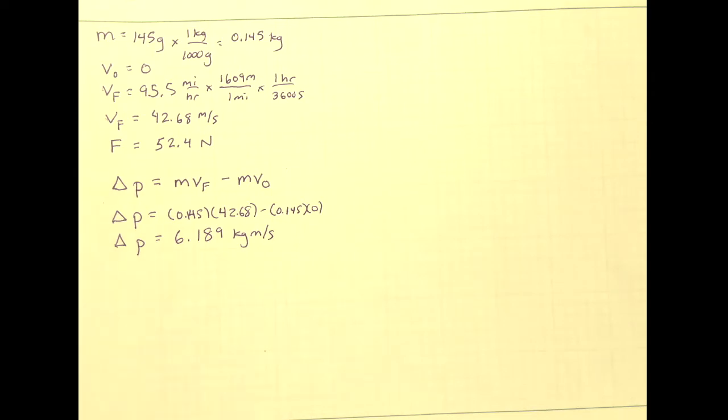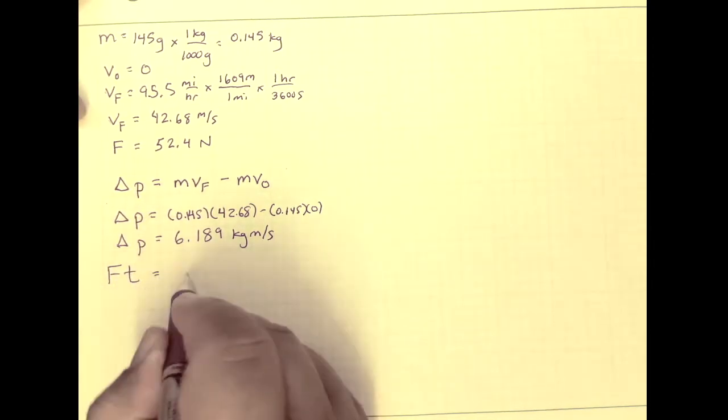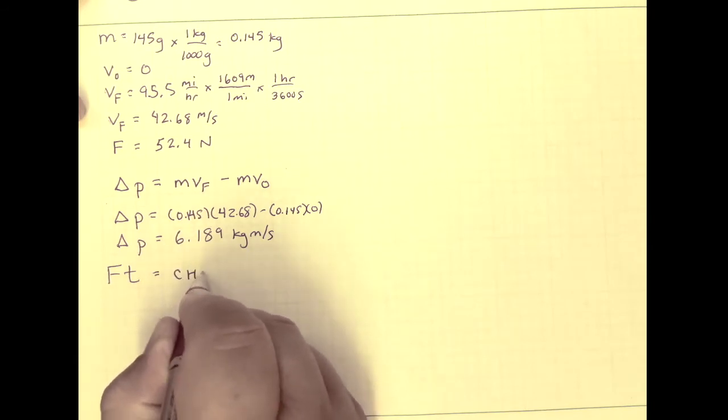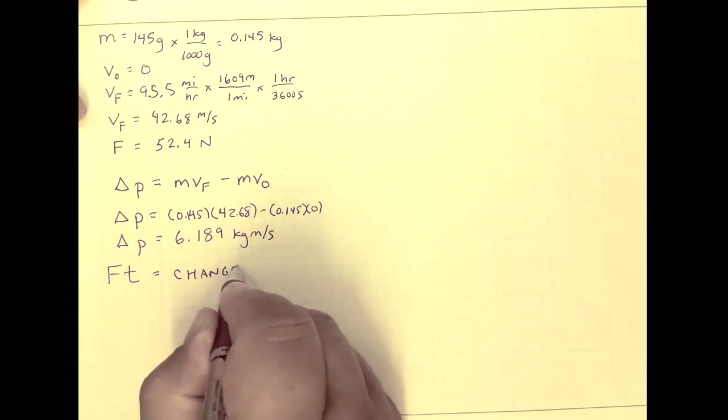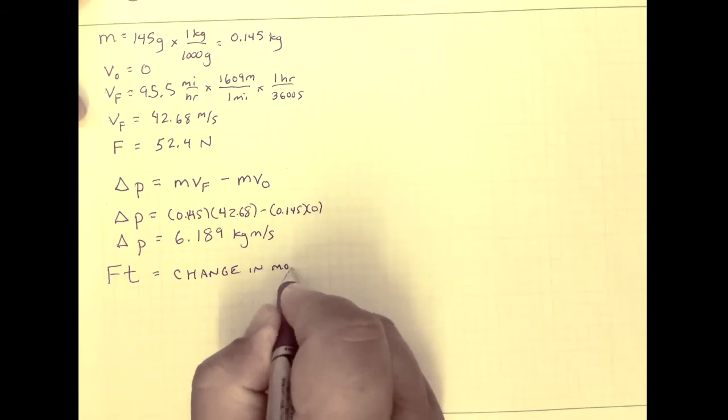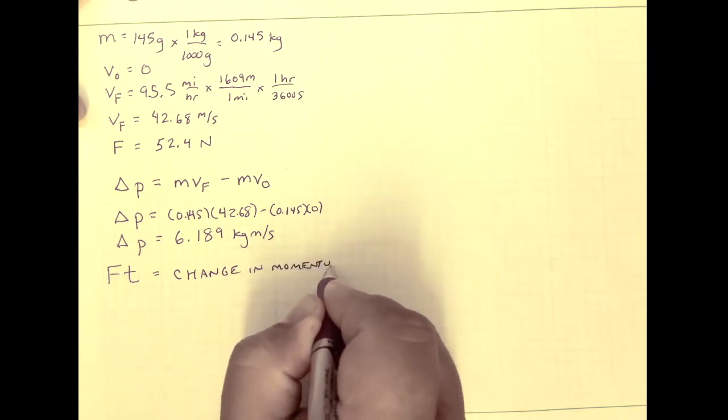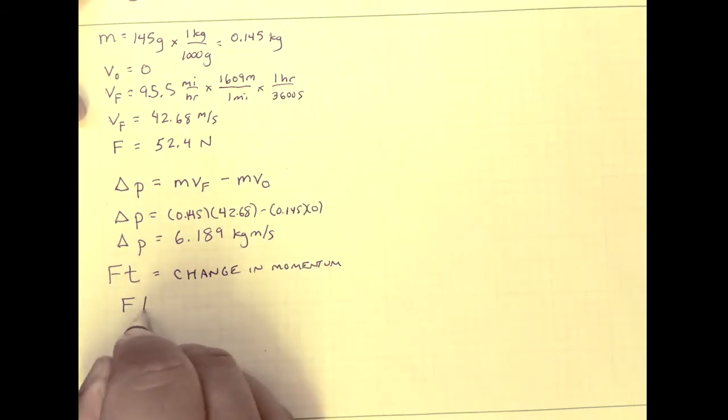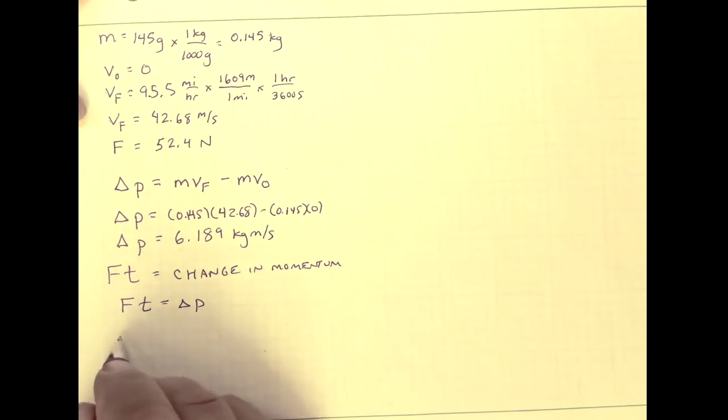Next, we are asked for the time that the ball is in the pitcher's hand. For this, we can consult the impulse formula, which says that the impulse is the change in momentum. In other words, force times time equals delta P. We've already figured out delta P, and we are told the force.